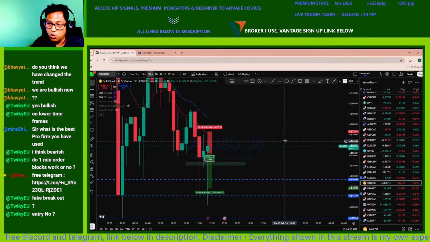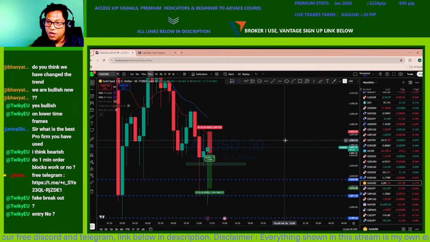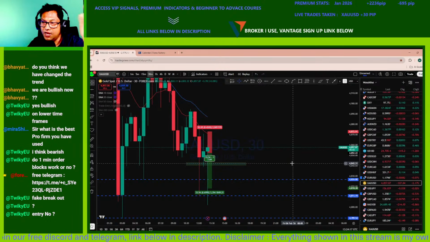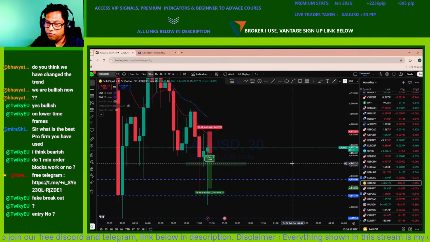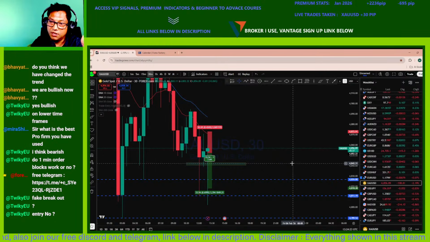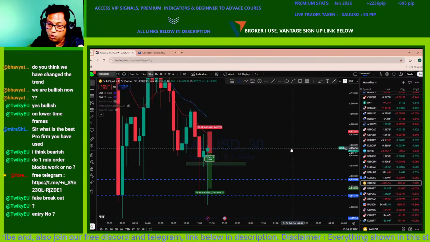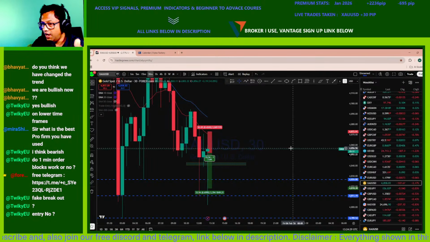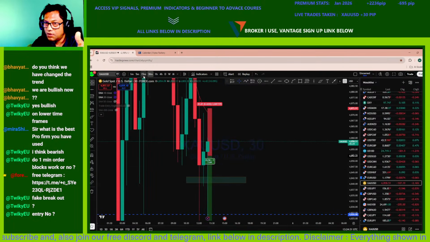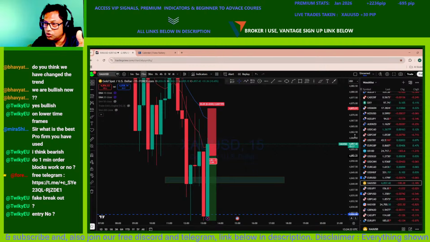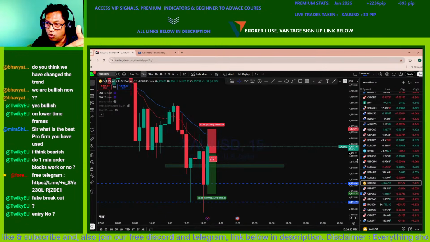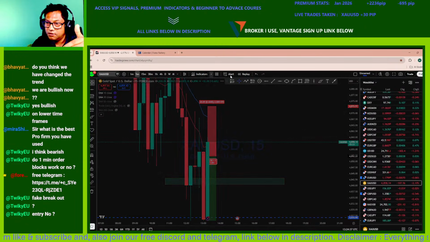This is a very long move from the 1 hour, and if it crosses entirely back above, if you look at this 30 minute candle, from the first 30 minutes we saw the market created this massive long wick, and from the 15 minutes also we can see that a big long wick candle has been created.